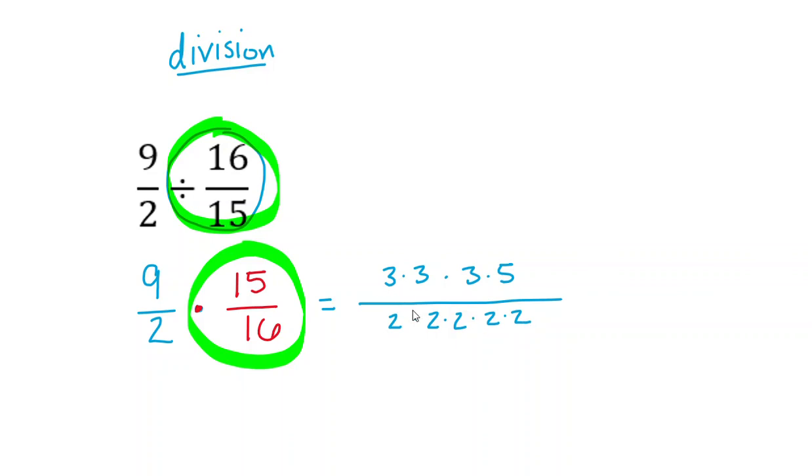I observed that there's no factors that are the same, and then I'm just going to multiply them all back together again because there's nothing I can do. I'm just going to multiply them together, and that's the answer. So let's see, 9 times 15 is 135, I think. And 2 times 16 is 32.